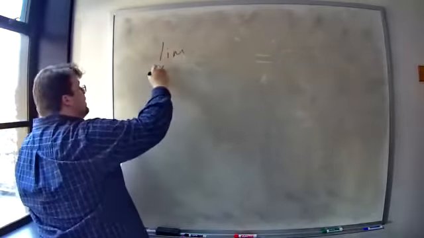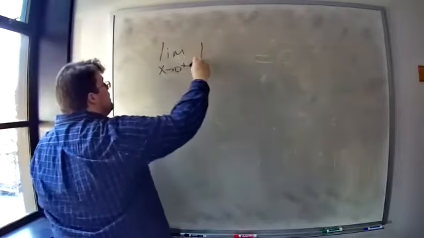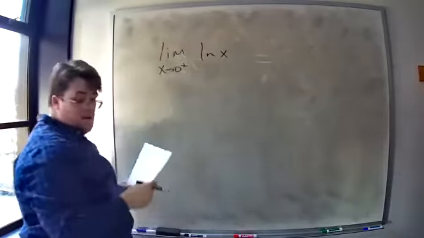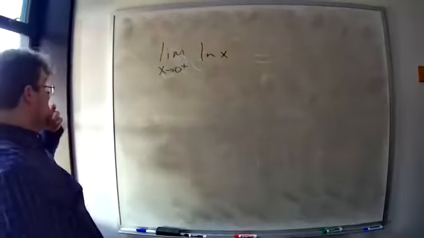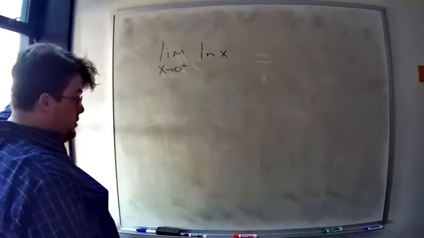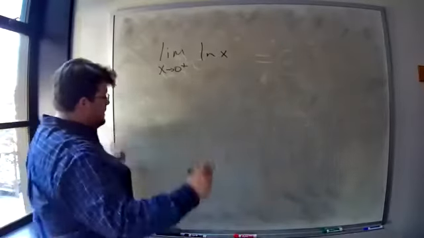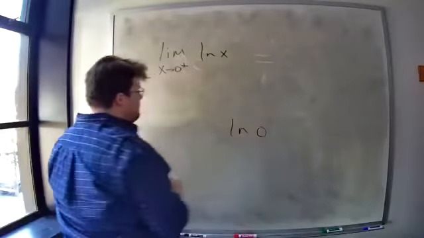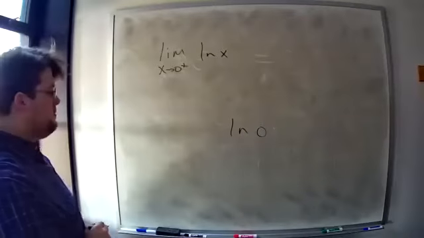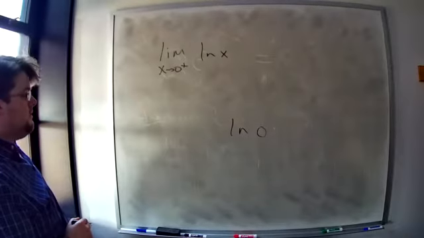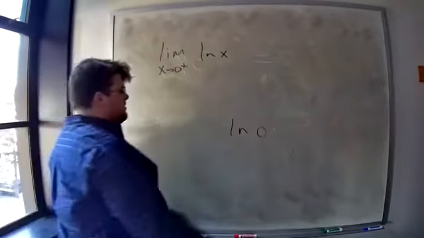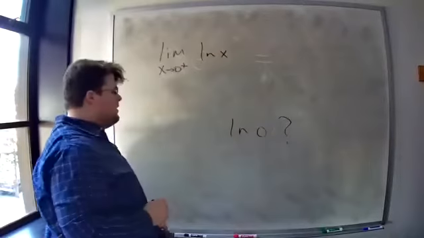Part D, limit x to 0 from the right of log x. How can we do this? Well, log is a continuous function, so we can consider this as a substitution, and we get log of 0. But log of 0 doesn't simplify to anything. Log isn't even defined at 0. That's nothing.